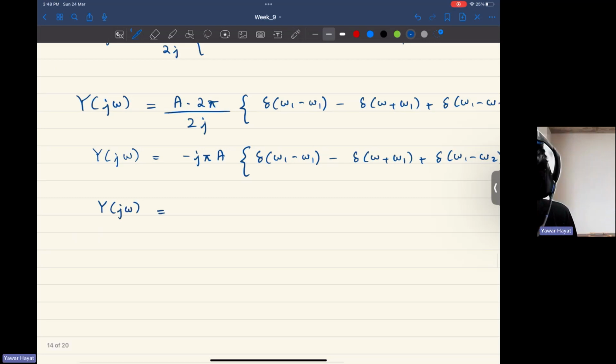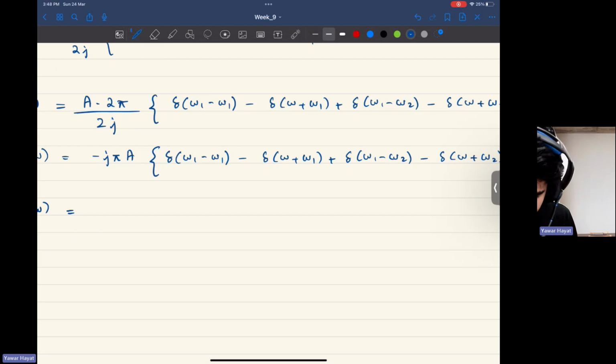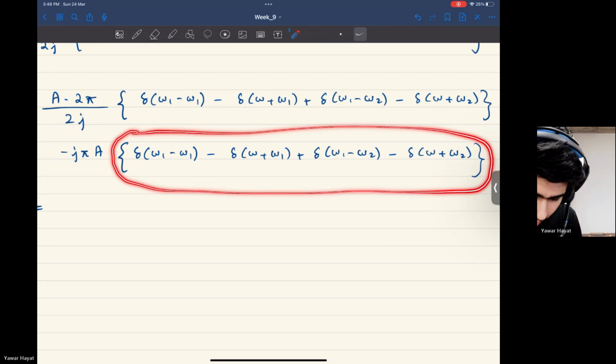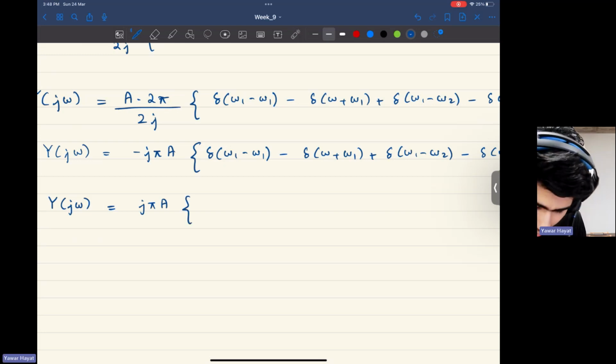Y j omega would be, I'll multiply this whole term by this negative sign. I'll be left with j by a multiplied by, signs will change. This would be negative, this would be negative.